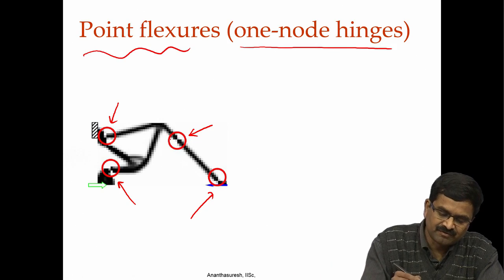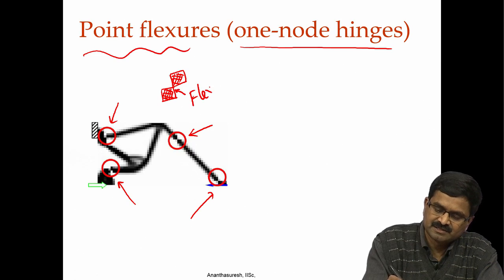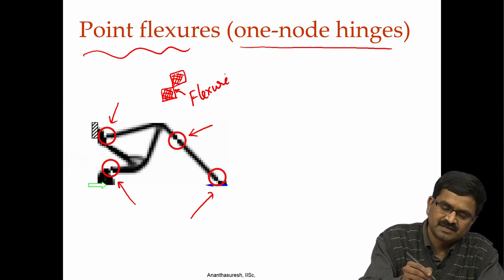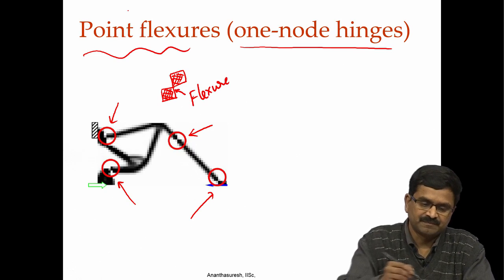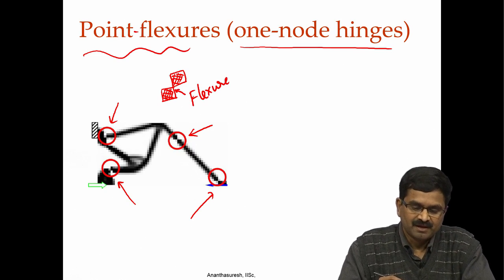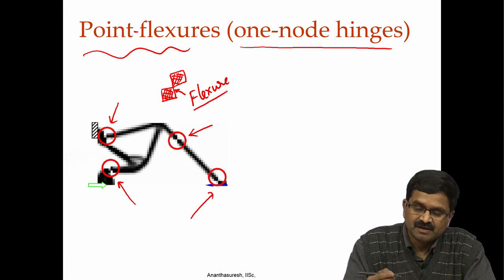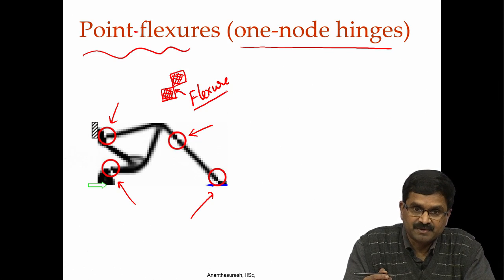If you notice any one of them, we have an element and another element which are both black, meaning material there, and this acts like a flexure. It is at a single point, that is why it is called point flexure, or they translate to elastic pairs.